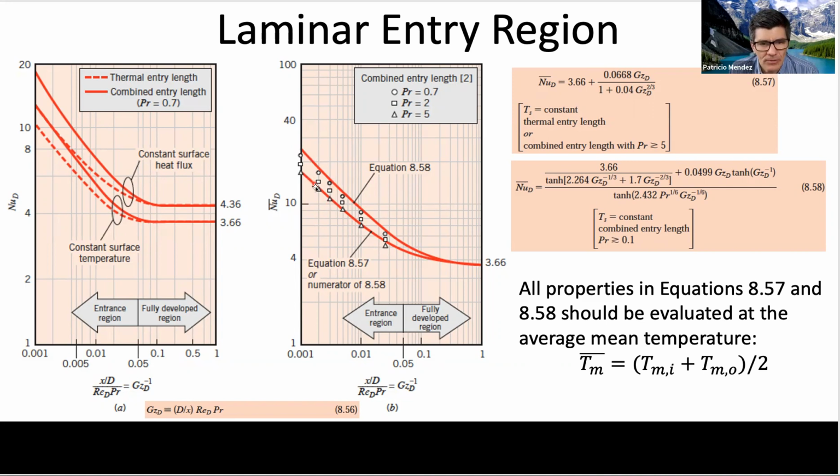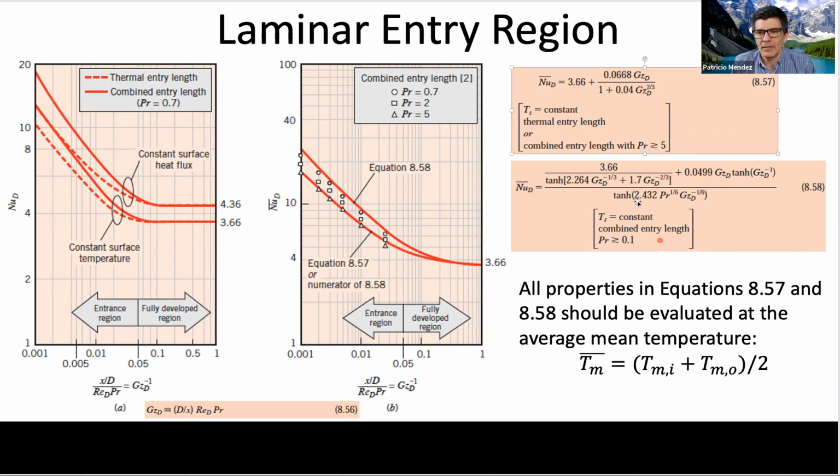You see these triangles here? This is Prandtl 5. Water is a Prandtl of 7. So this is viscous fluids here, and this is air that has the same thermal and hydrodynamic entry lengths. So we have these two formulas here. One is simple, the other is more complex.